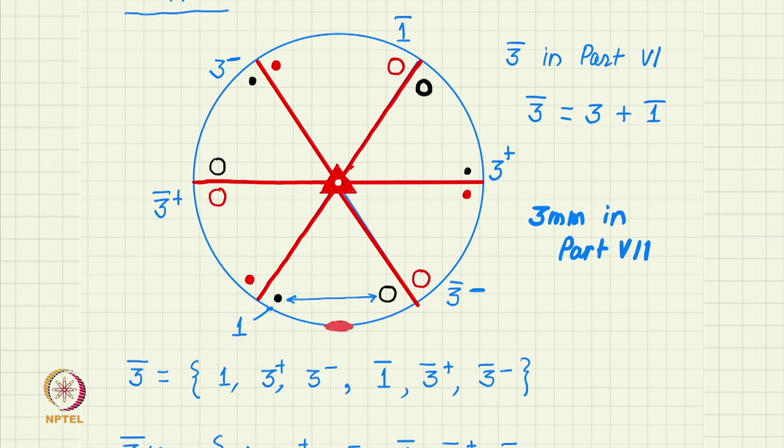Of course, not just these 2 points; you can see it is applicable to all other pairs of points. Everywhere this 2-fold axis acts and images any given object into its corresponding image.